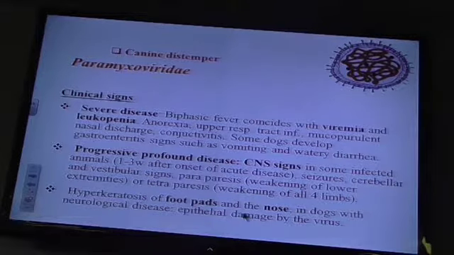And now the other stage, what's called the progressive profound disease. This is when the CNS or neurological symptoms occur. There is a debate here, but the debate is not whether they occur or not, it's about timing, when they occur.